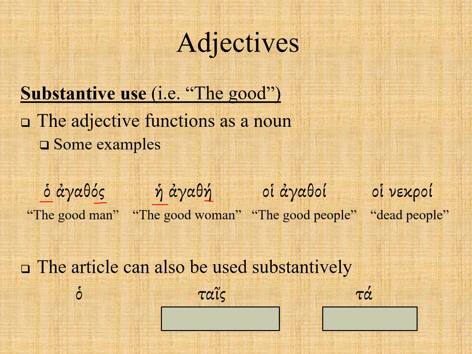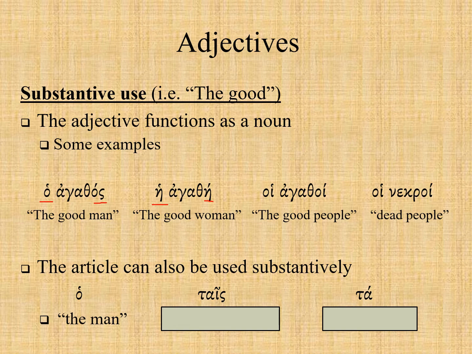Now, the article can also be used substantively, kind of analogously with the adjective. So the word ho, which we know is a masculine singular article in nominative case, we could translate as the man.